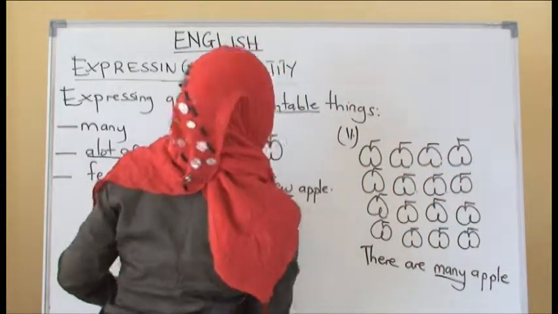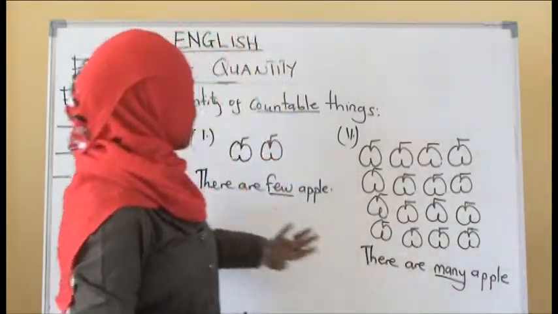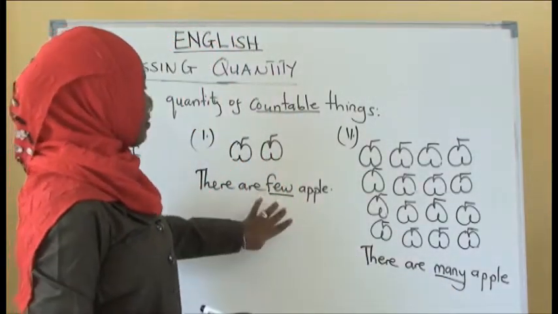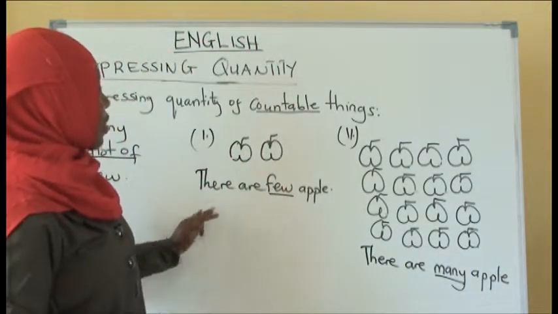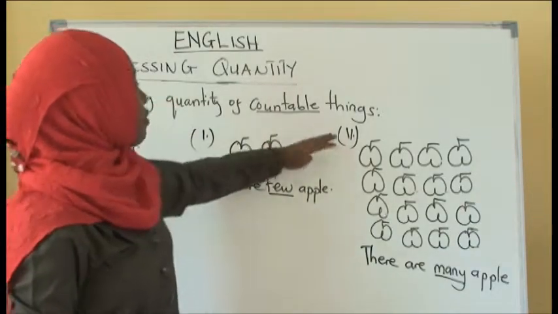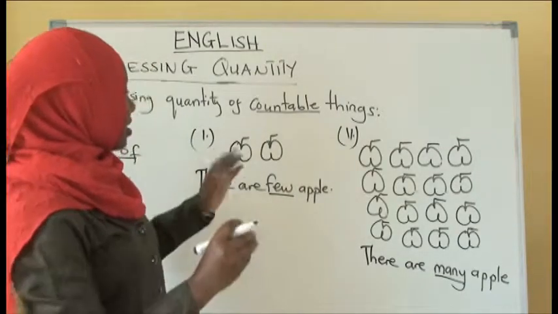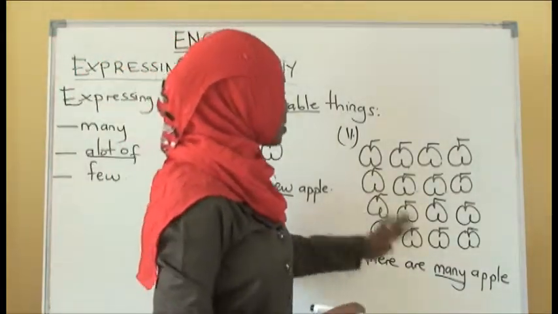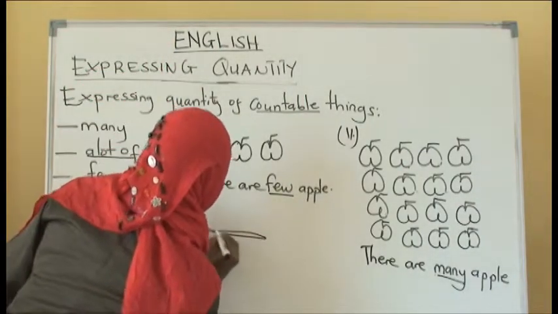So, as you can see here, the opposite of the word many is few, and the opposite of the word few is many. So, in expressing quantity of countable things, when you are asked how many things are there, for things which are not many, we use the word few, and for things which are very many, we use the word many.